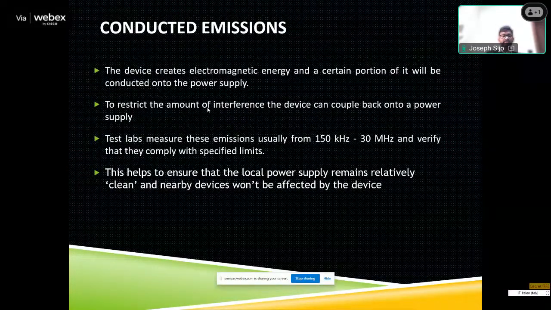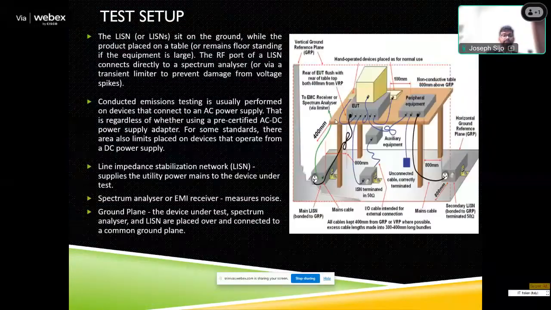So this is the standard limit of the conducted emission frequency range. This helps ensure the local power supply remains relatively clean, so we can avoid disturbance to other power supplies in this frequency range. This is a test setup of conducted emission.